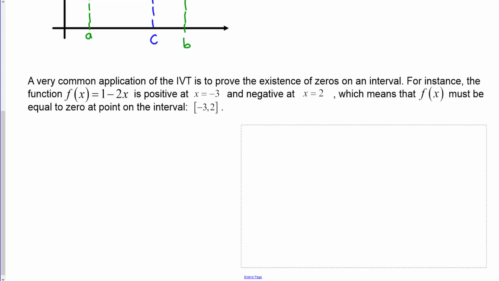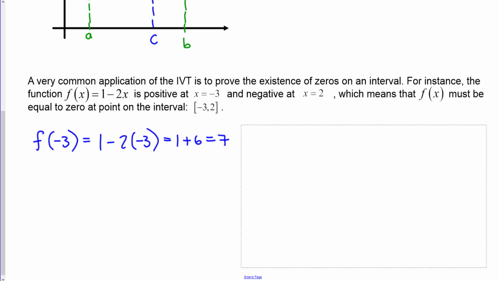Okay, so if I took f and evaluated it at negative 3, I would have 1 minus 2 times negative 3. So that is 1 plus 6, which is 7.